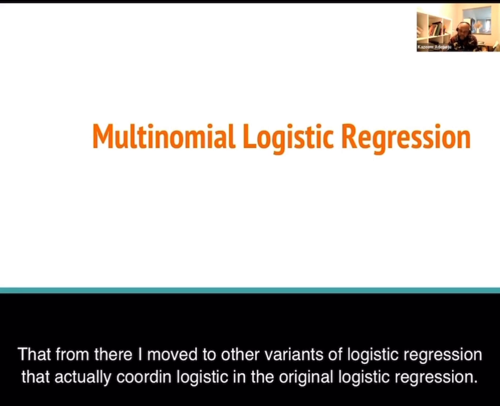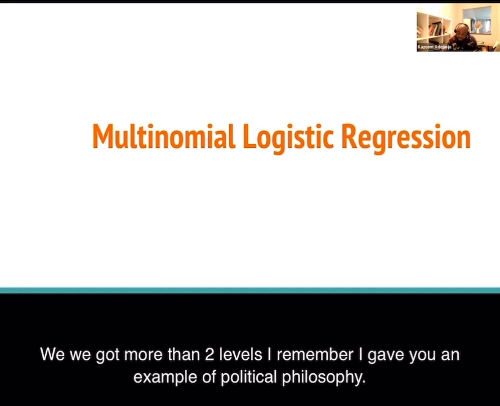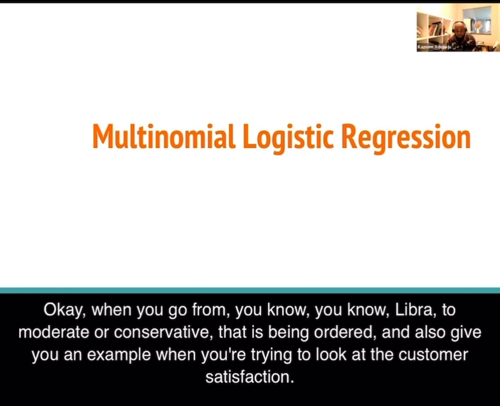Then from there, I moved to another variant of logistic regression called ordinal logistic regression. In ordinal logistic regression, we have more than two levels, but they are ordered. I remember I gave you an example of political philosophy, when you go from liberal to moderate to conservative, that is ordered.